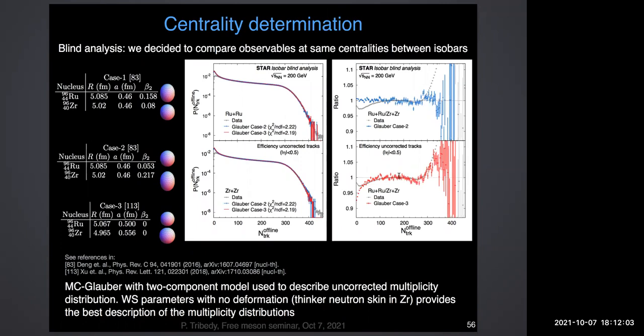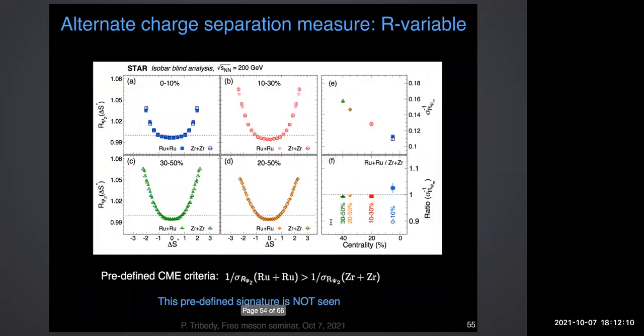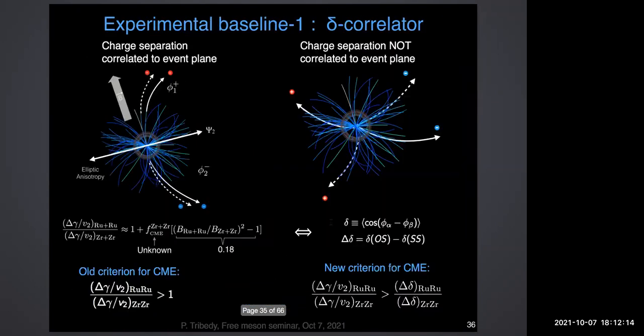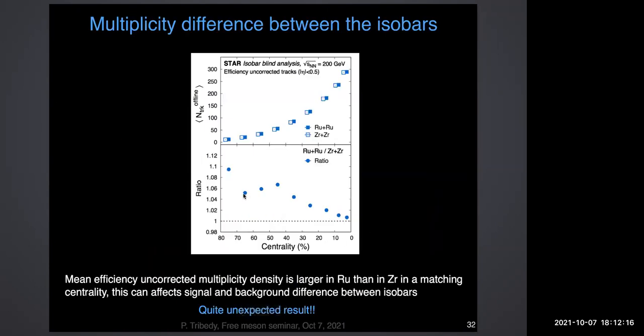So this is a much more fundamental quantity to look at, the probability distribution of multiplicity. When you average, a couple of other artifacts come in. Remember that when you average over a wide centrality bin, there are also some experimental artifacts that come in with the averaging. You might have heard this from other analyses as well.